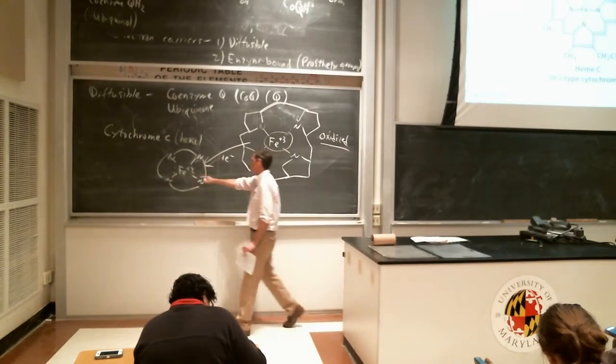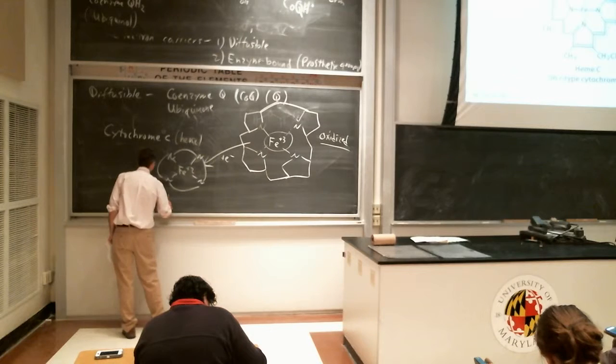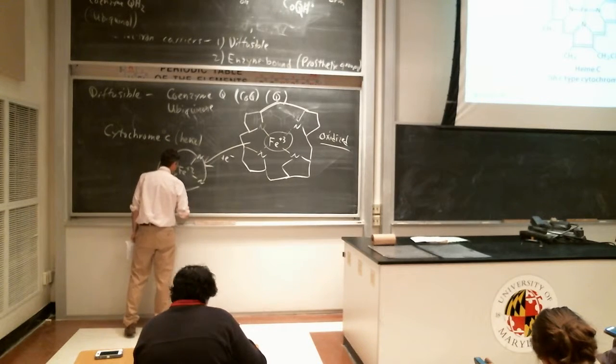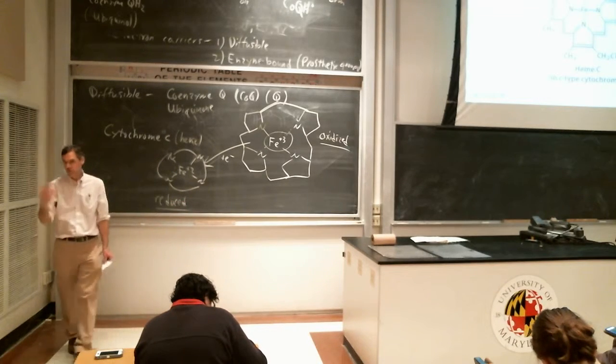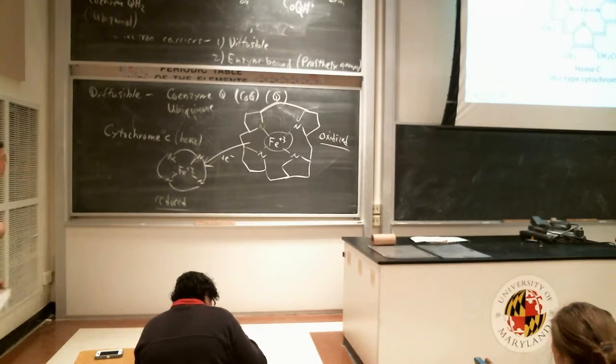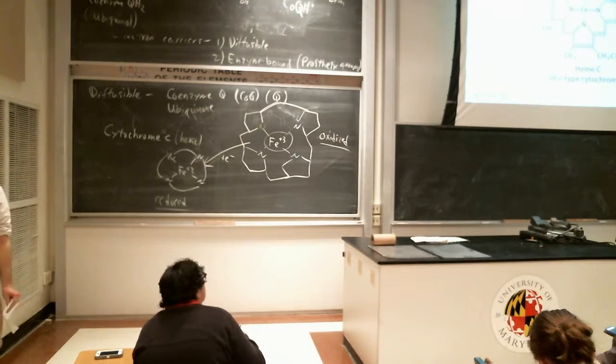So this is a highly schematized version of the reduced form of this heme, which is covalently bonded to cytochrome C.